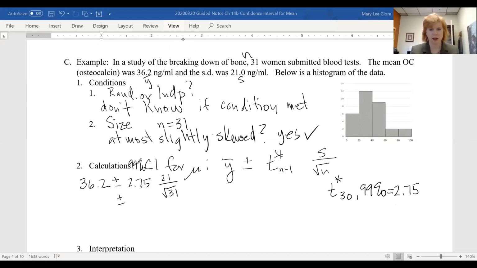Okay, so here we go. We got 21 divided by the square root of 31. All right, and that is 3.772.